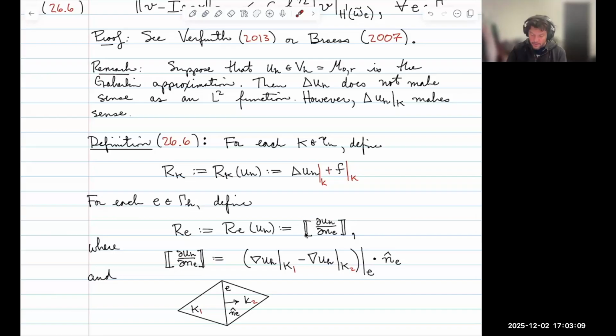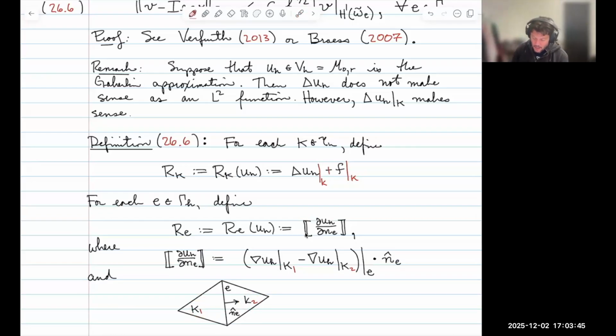Okay. So suppose I have an edge and it's shared by these two triangles, K1 and K2. I'm going to define a normal for that edge. I have to pick one of two choices: either I take the normal going into K2 or the normal going into K1. Which one do I use? Well, these triangles have a certain numbering, since whenever I generate my mesh, the triangles are numbered in a certain order.